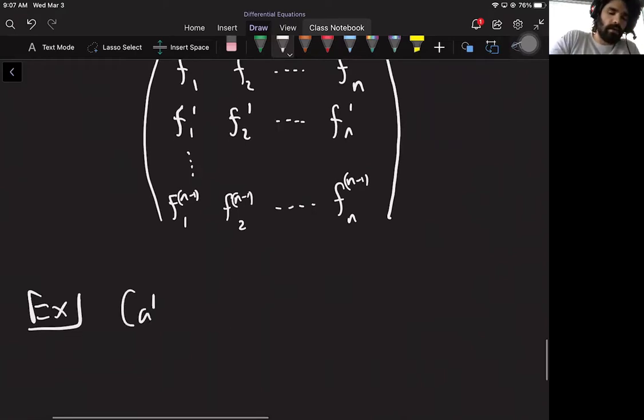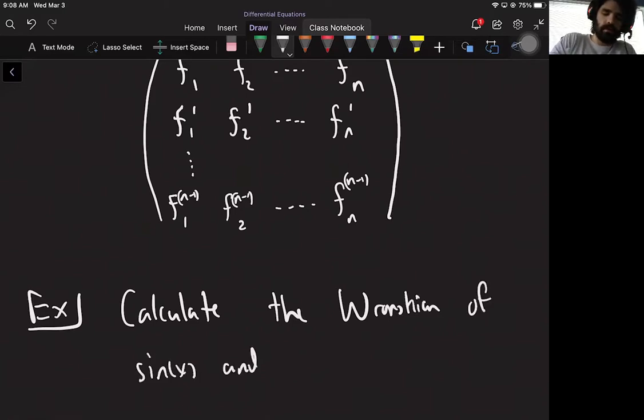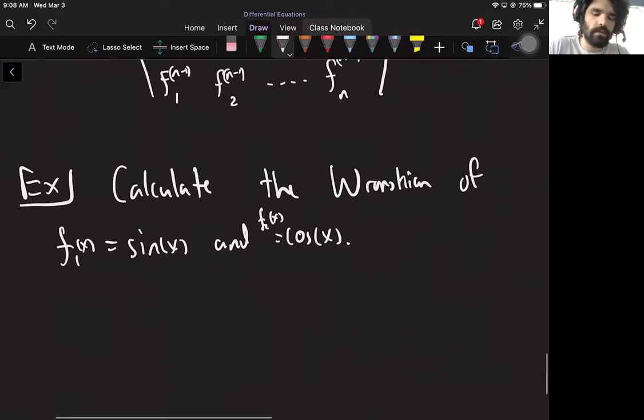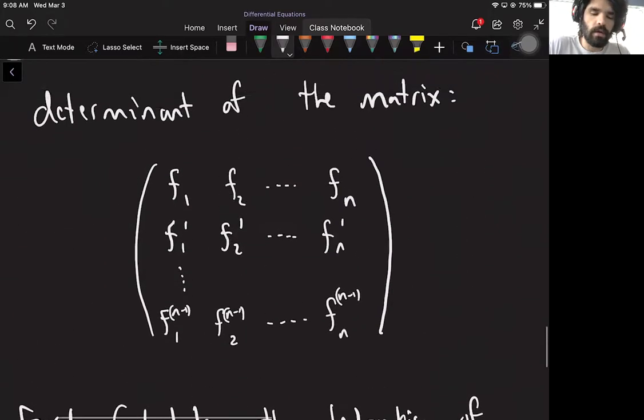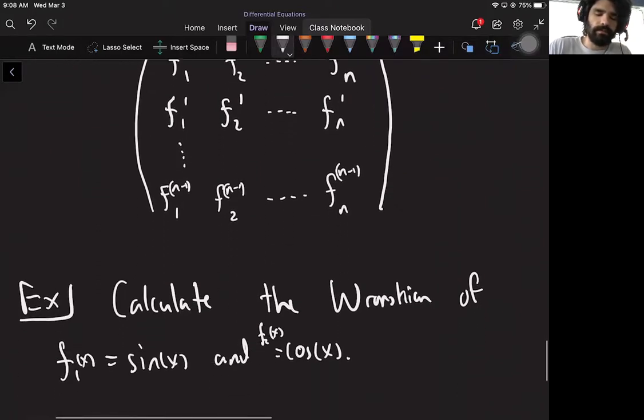Okay, so let's just calculate the Wronskian of sine and cosine. So I'll call sine my first function, and I'll call cosine my second function. It doesn't matter which order you put them in, but that's fine. So then, according to this, I need to calculate derivatives of each one.